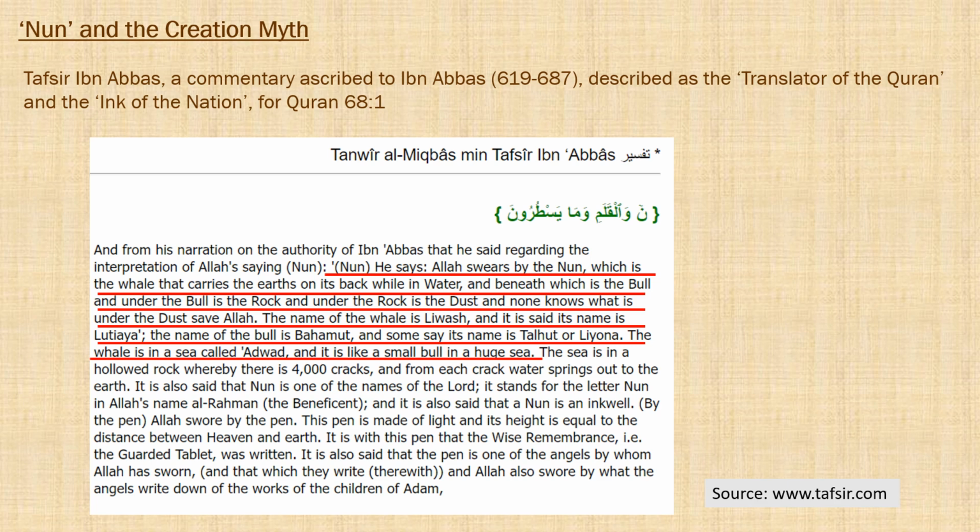The name of the whale is Liwash, and it is said its name is Luti Aya. The name of the bull is Bahamut, and some say its name is Talhut or Liona. The whale is in a sea called Adwad, and it is like a small bull in a huge sea. And it goes on.